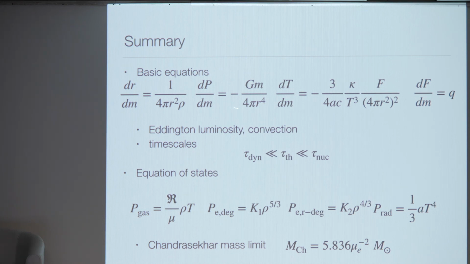And just based on these two basic equations and the equation of state, we could derive the Chandrasekhar mass limit, which is the maximum mass which can be supported by the degenerate gas, and that was this value here. Basically, that's it for the first half of the lecture.